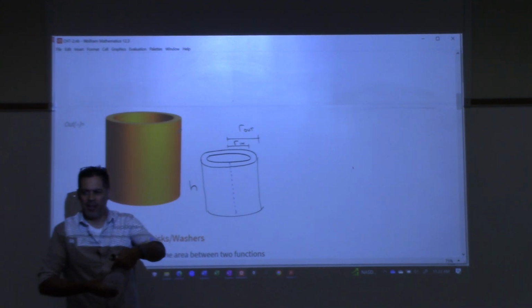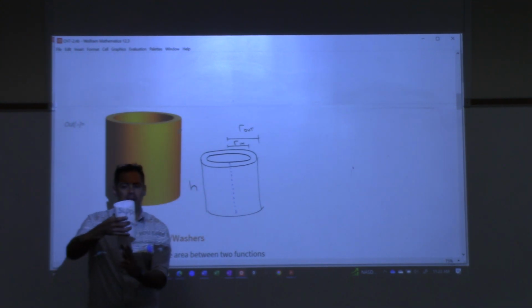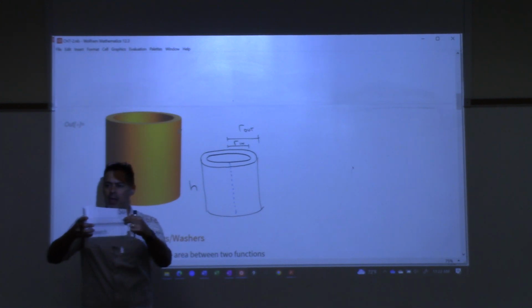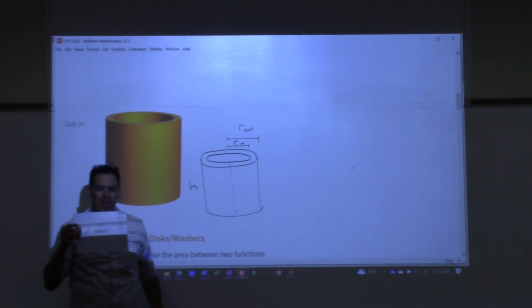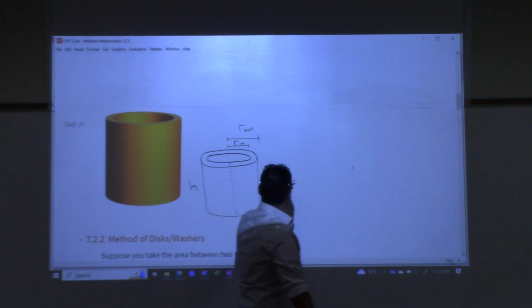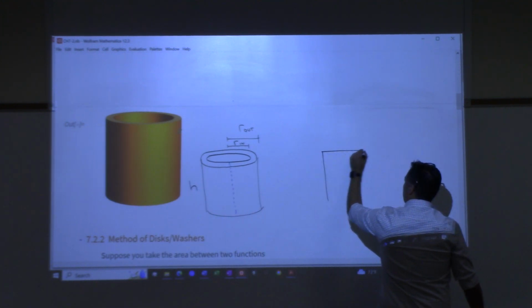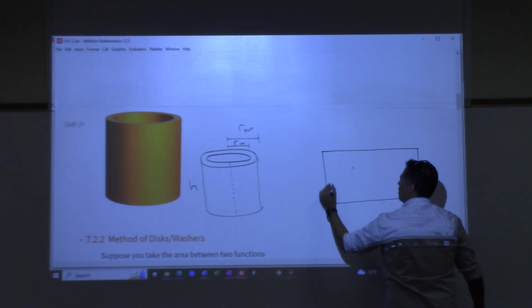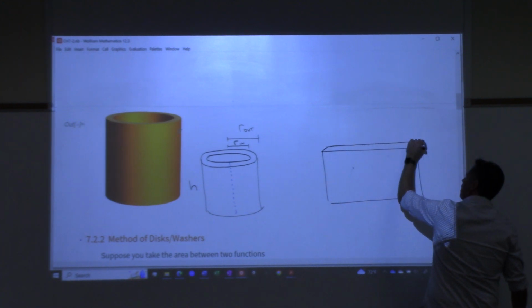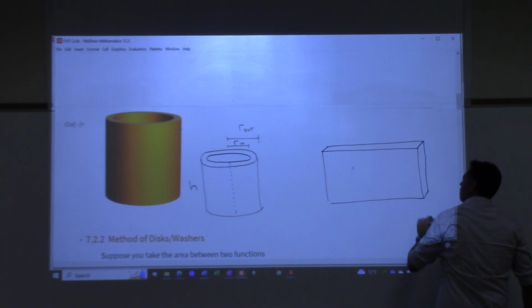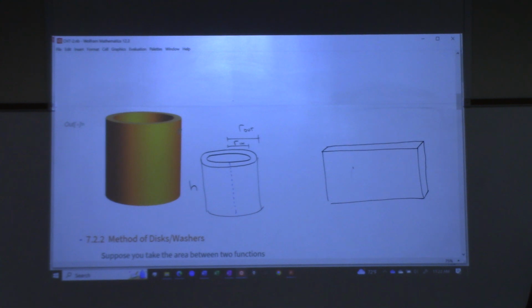Of course, it has some thickness to it, but basic idea. Cutting it, I'm going to roll it open like this, and we're going to look at that instead. If I cut that and roll it open, then it becomes a parallelepiped, doesn't it? A box, right? That's what it becomes.